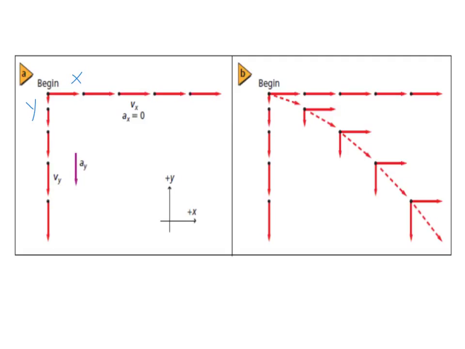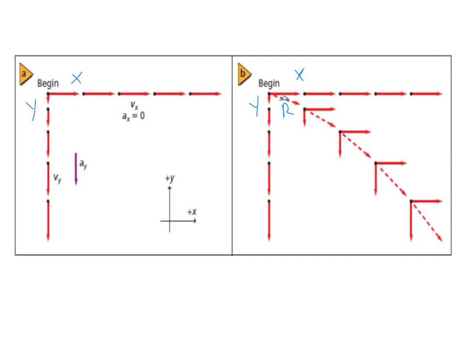On the right side, image B, this shows both the x and the y components, as well as the resultant velocity when you combine both of these together. You notice here that the resultant and its two components line up with that resultant in that dashed line.